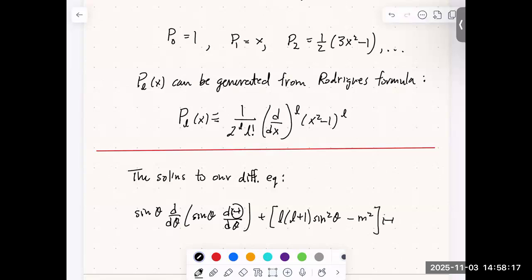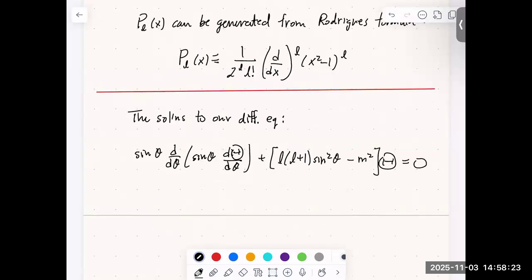Can't set m equal to 0 for our case. Okay, now the solutions to this are the so-called associated Legendre functions.